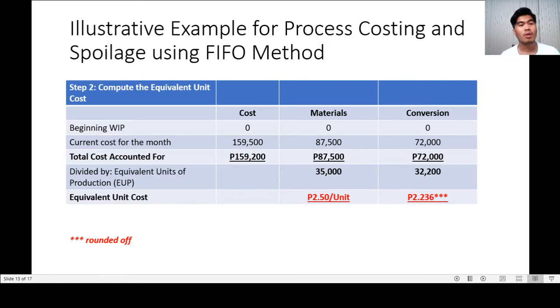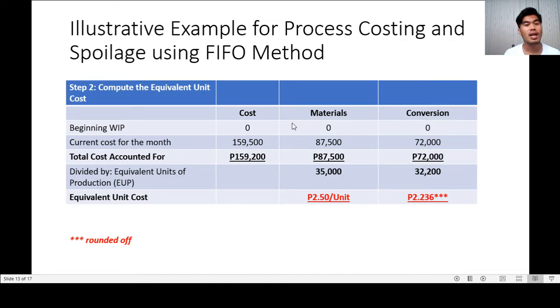Ito, equivalent unit cost. Kanina, under weighted average method, in computing the equivalent unit cost, yung per unit, meron ditong amount, di ba? Materials, meron tayong 9,700, conversion is 10,000. Pero under FIFO method, beginning work in process, in computing the EUC or the equivalent unit cost is 0.